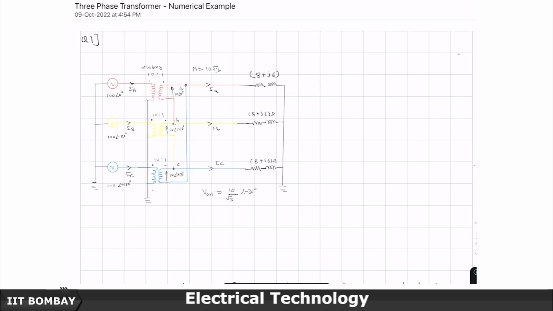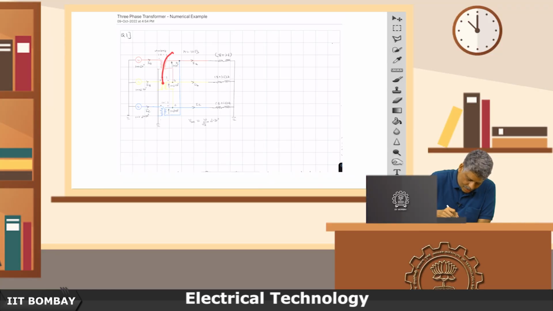Yeah, good. Now let us try to think of the secondary side, because there is one delta and one star. This is the source and this is the load.